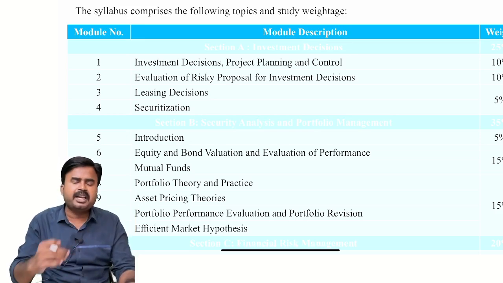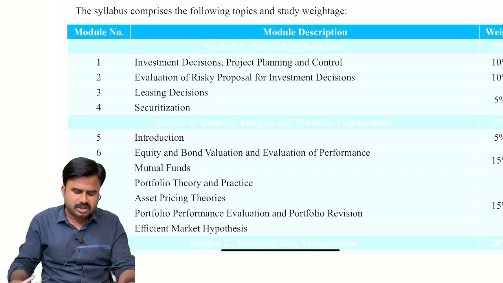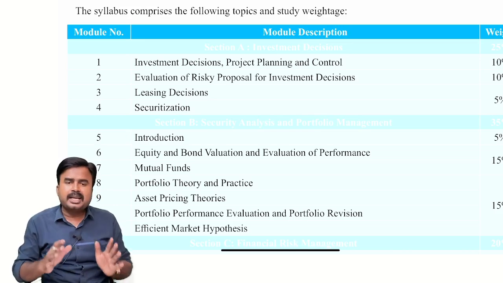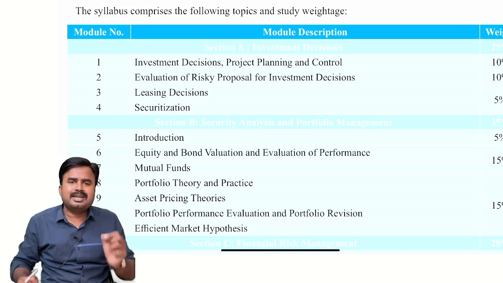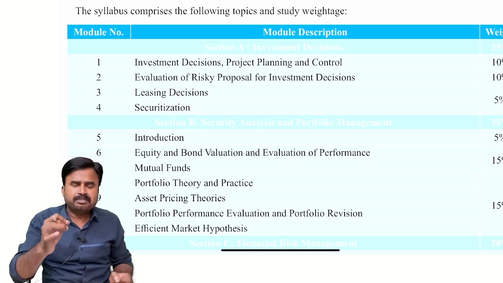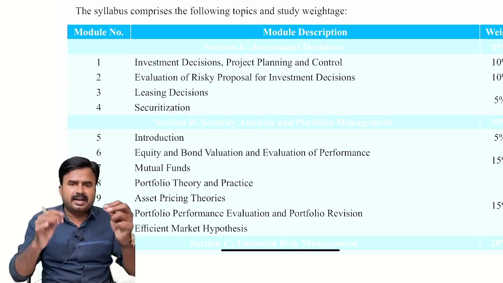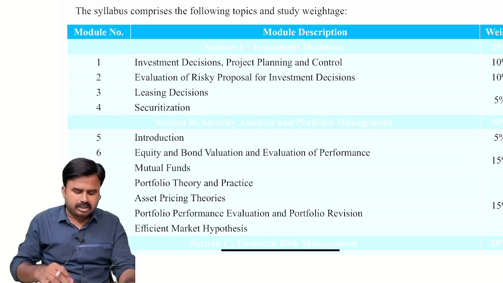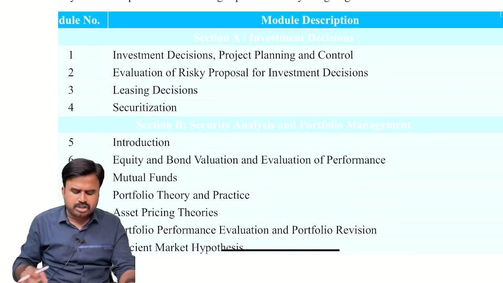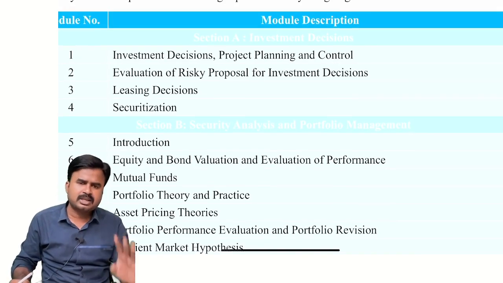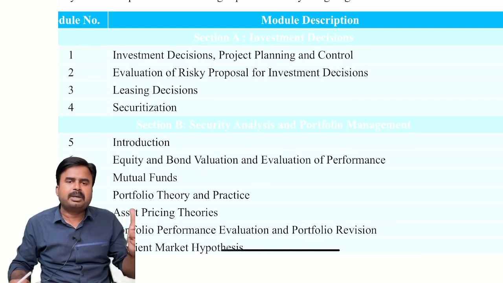But at CMA final level, we are going to incorporate risk in our investment decision process. Simply speaking, while taking an investment decision, how to consider risk and how to consider return. You should compare risk and return at a time, and accordingly you should select the projects. So evaluation of risky proposals is nothing but risk analysis in capital budgeting, risk analysis in investment decisions.